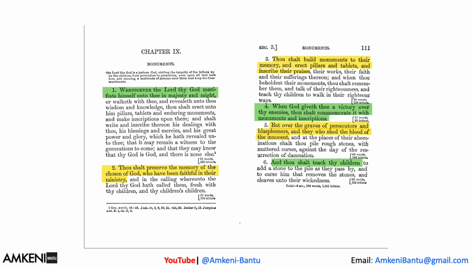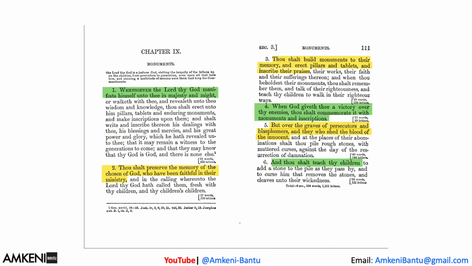So the first instruction, which I consider the main instruction: whensoever Tatanzambi, your Most High, manifests himself unto you in majesty and might, or he walks with you, whenever he manifests himself unto you, you're supposed to set up a monument. We're going to get into the details of it.